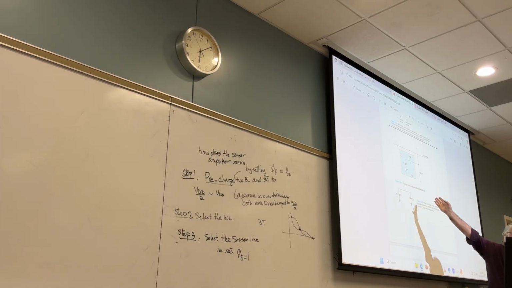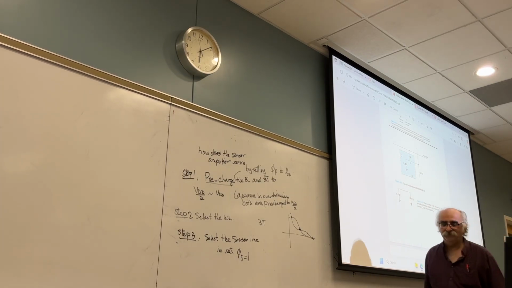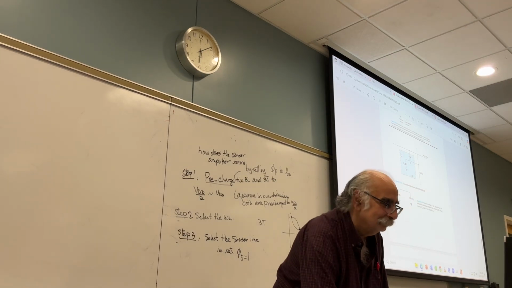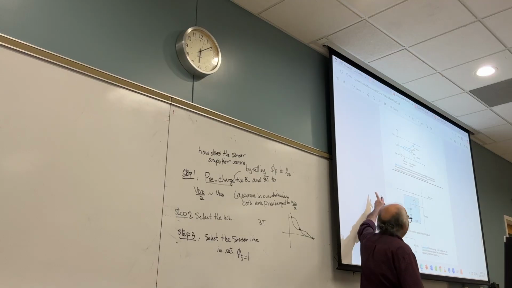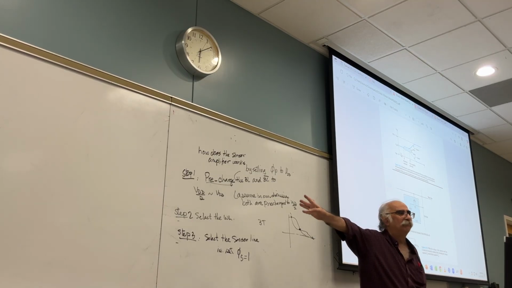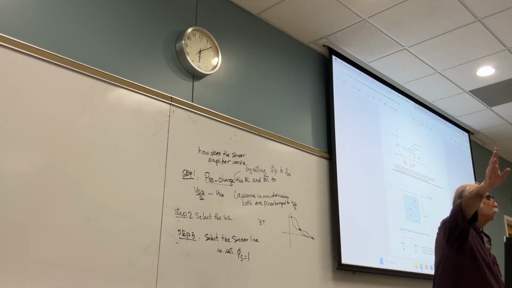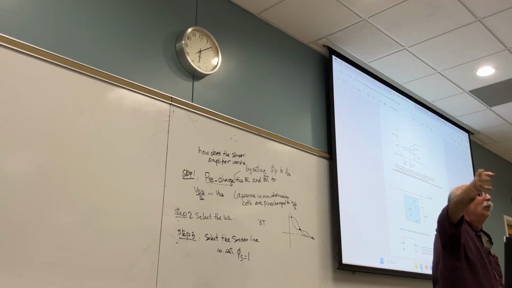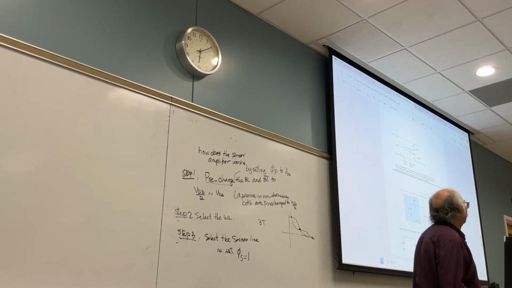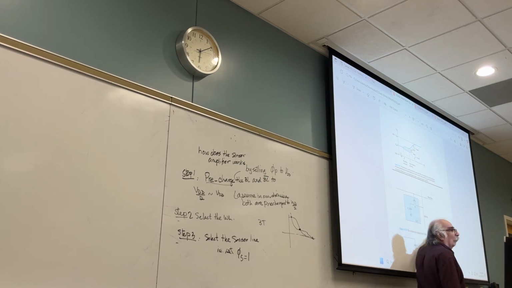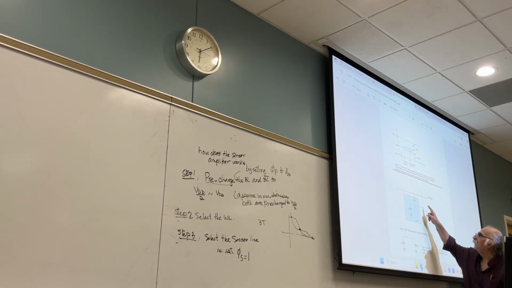This is a cell. What do you notice? Word line, same as SRAM. You follow me? Which means, do I need a row decoder? I need a row decoder, just like the SRAM. That's the word line. What do you notice? Bit line, how many?